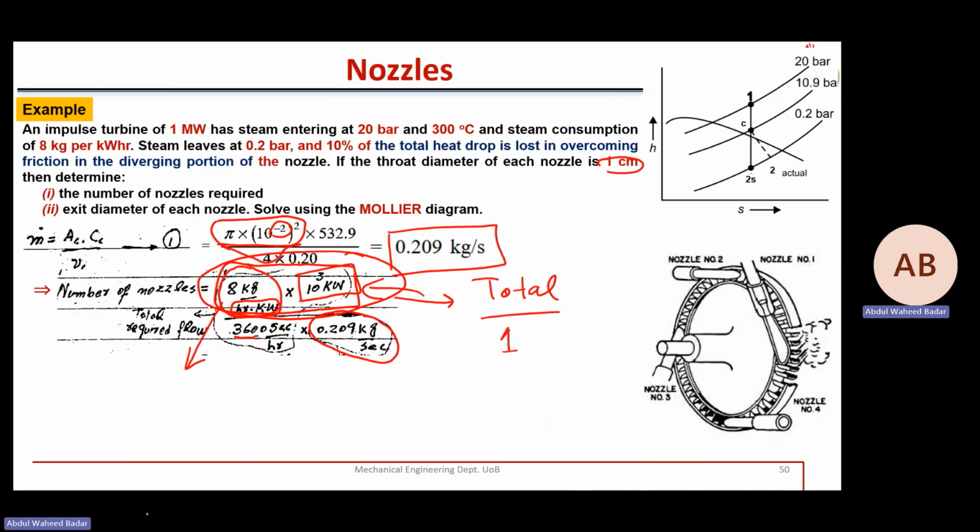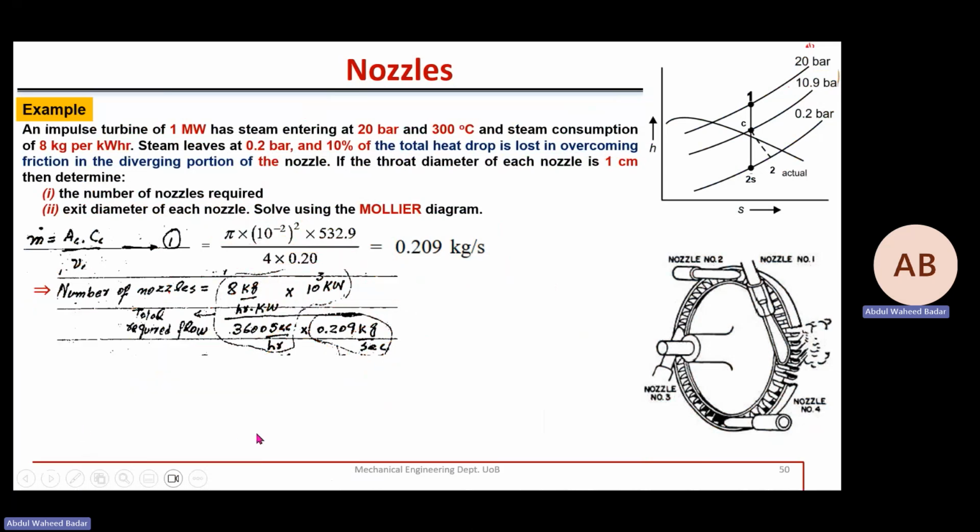But you have to bring all the units to one. Actually, all units should cancel because here we are trying to find the number of nozzles. You see this kilowatt will cancel with this watt, this hour cancels with this one, second cancels with this one, kilogram cancels with this one. So it becomes unitless. So here there is no formula.